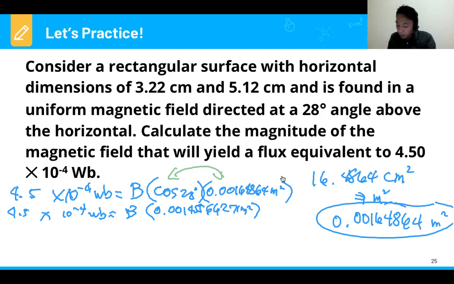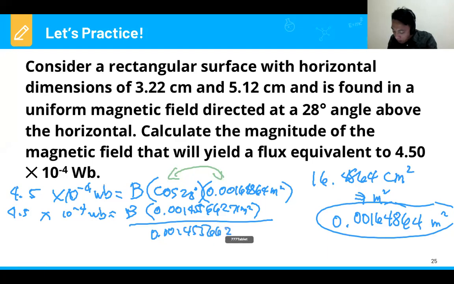Okay? So after finding the product of those two, let us now divide both sides by this number. 0.001455667 meters squared.